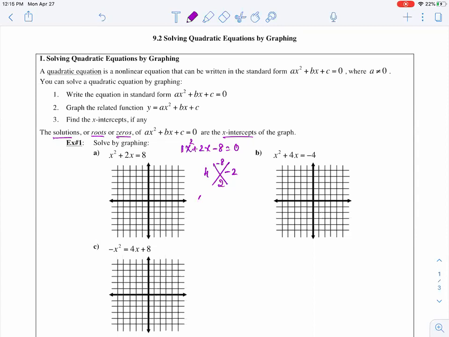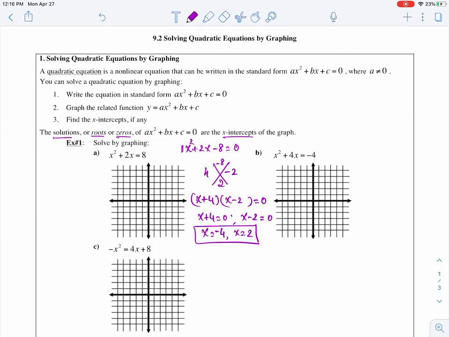So the factors are x plus 4 times x minus 2 is equal to 0. And now you can find the intercepts. We're just doing the opposite of what we are asked: solving first and then graphing. It's kind of cheating. So x plus 4 is equal to 0 and x minus 2 is equal to 0. So x is equal to -4 and x is equal to 2.